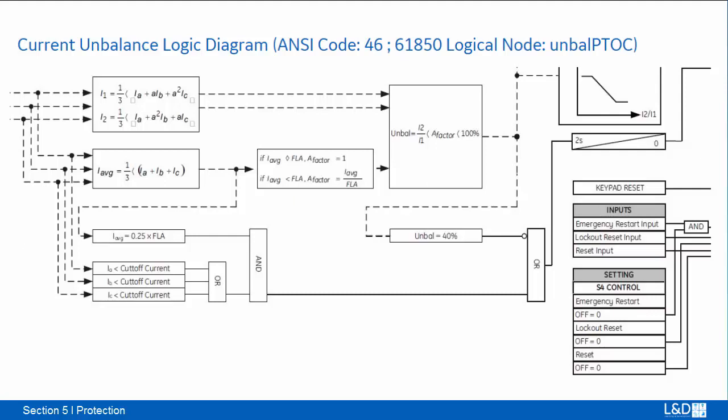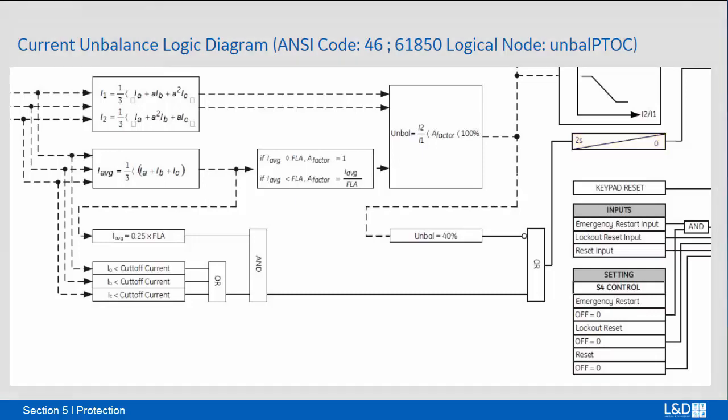If the unbalance level exceeds 40%, or when I average is 25% FLA and the current in any phase is less than the cutoff current, the motor is considered to be single phasing and the trip occurs within 2 seconds. Single-phasing protection is disabled if the unbalanced trip feature is turned off.